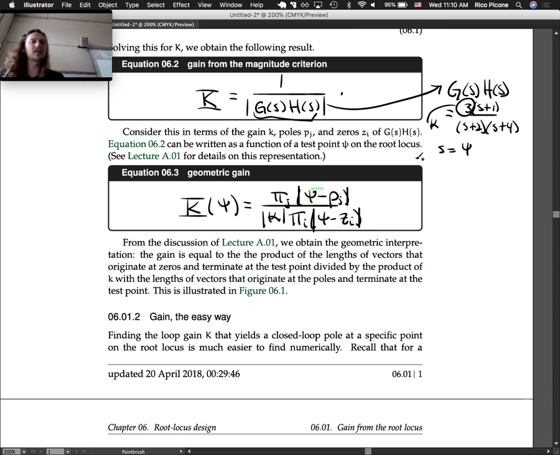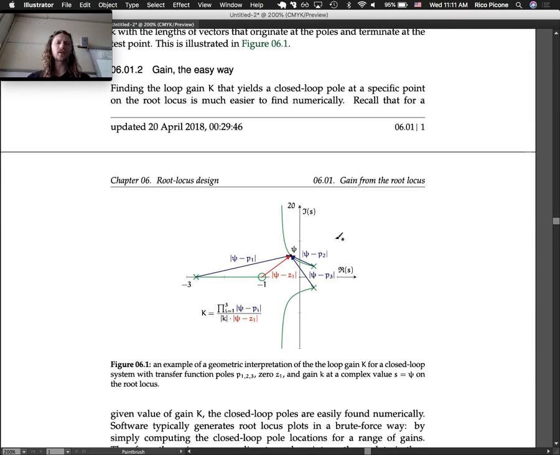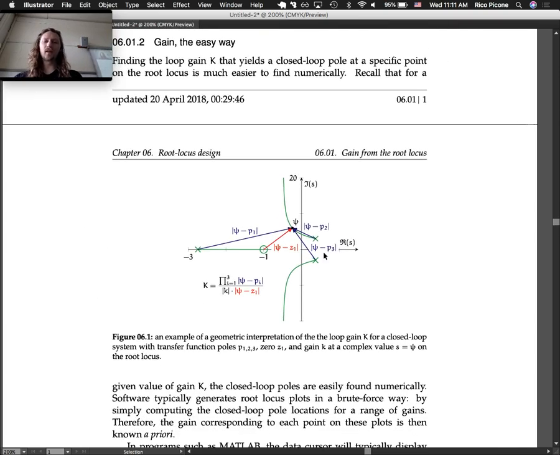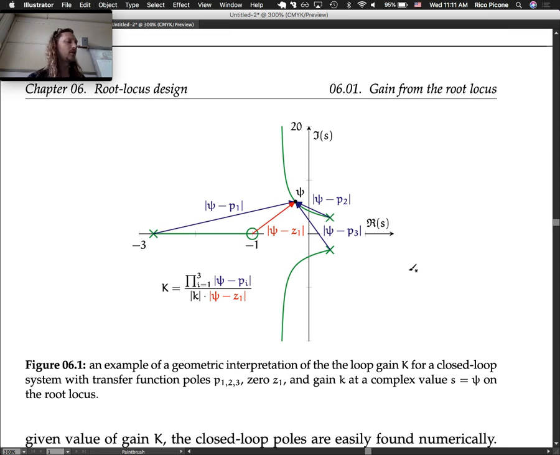Okay, so these are the two expressions, and I want to unpack this latter one for just a minute. 6.3. This figure should give you an example picture of it. Here's an open loop pole, here's another open loop pole, here's another open loop pole, and here is an open loop zero.